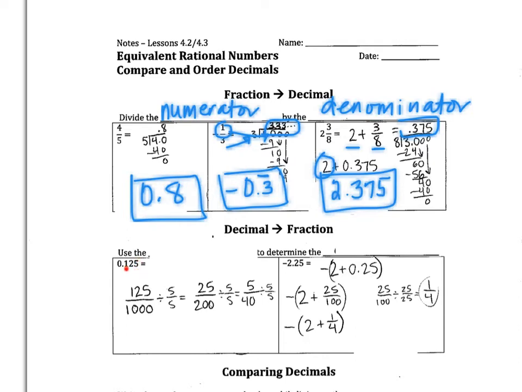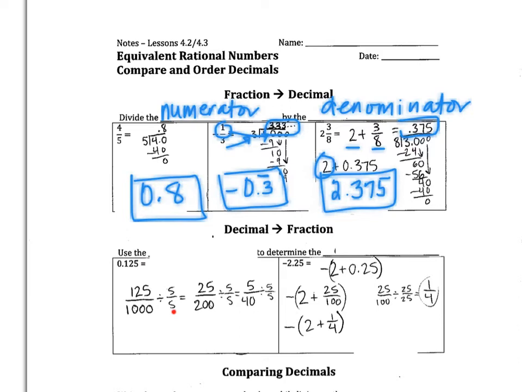So this would be your tenths, hundredths, thousandths. That last number, the 5, is in the thousandths place. So that's going to give you what your denominator is. And then you just write this number right above it. So it's 125 thousandths. And now we're simplifying.